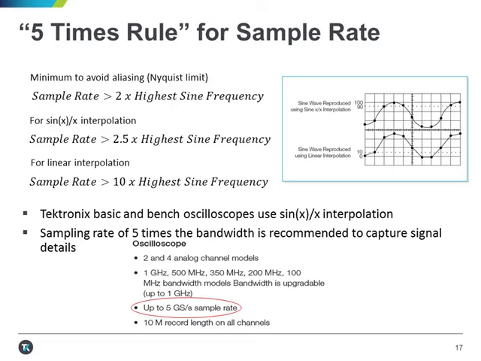Linear interpolation is simpler, but not as good for representing sine waves. The graph on this slide shows the difficulty of using straight lines to build a sine wave. If the scope uses linear interpolation, it's going to need a faster sample rate to accurately draw a sine wave.